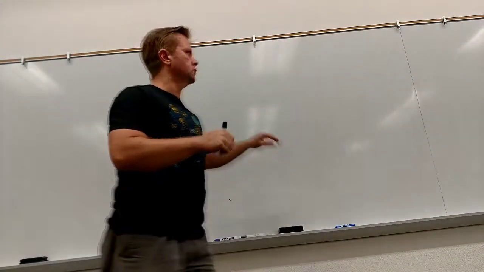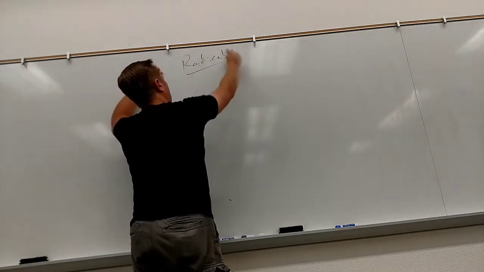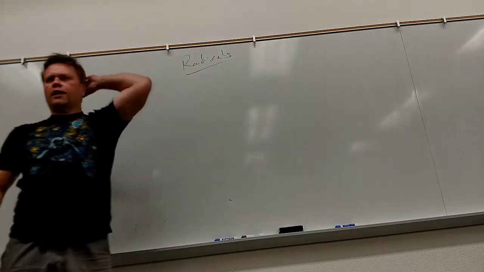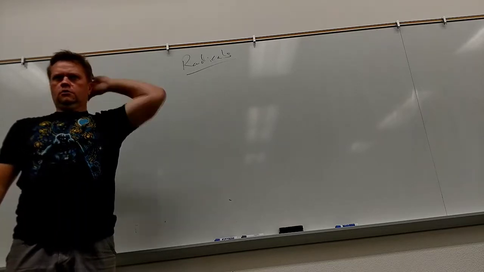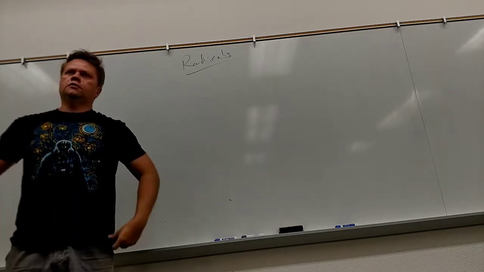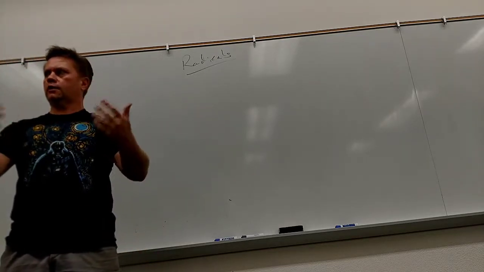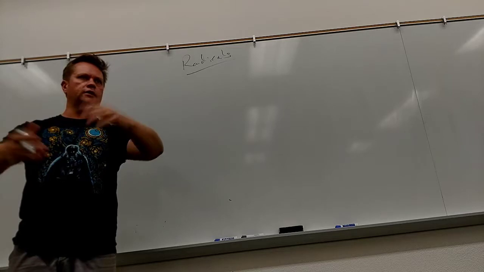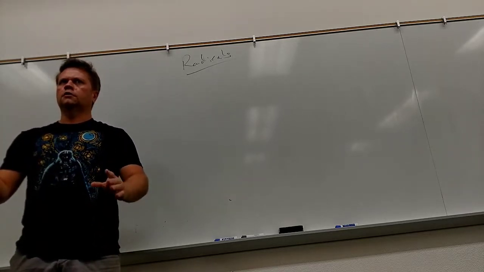The second section might be brand new to some people. Of course, what's another name for radicals? Roots, right? Square root is an example of a radical. Cube root, fourth root, any kind of root.